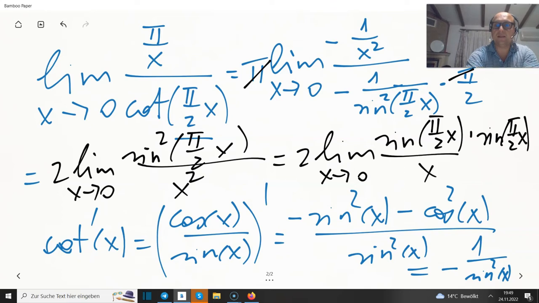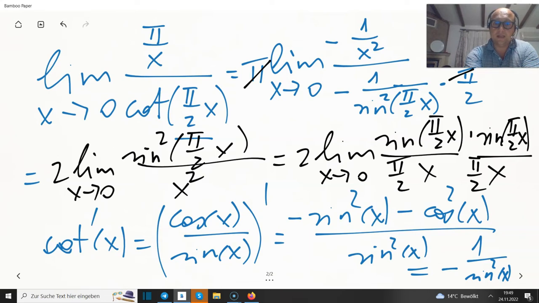And now we have x and x. You see that? So I would like to use sine of x divided by x, but I don't have it. Well, you see, let's artificially put pi divided by 2 twice here in the denominator.